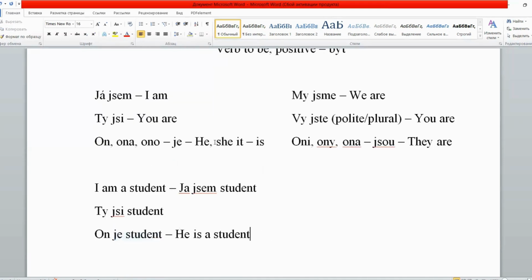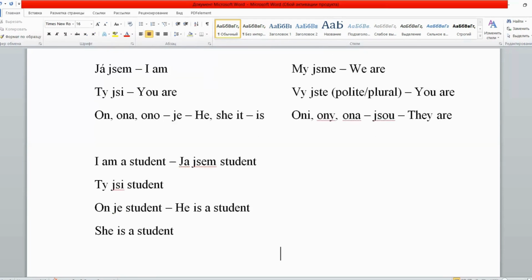So next, if you want to say she's a student, what are we going to do? Here the form will be ona je studentka. Ona je studentka.